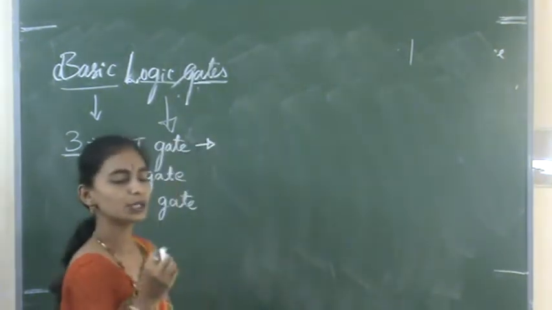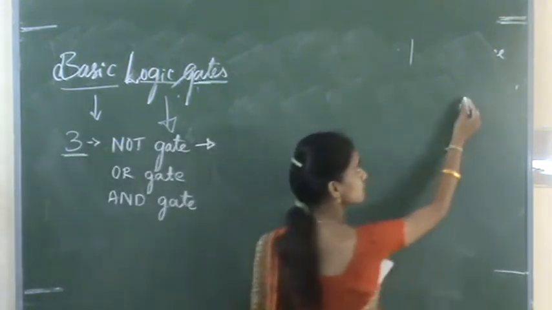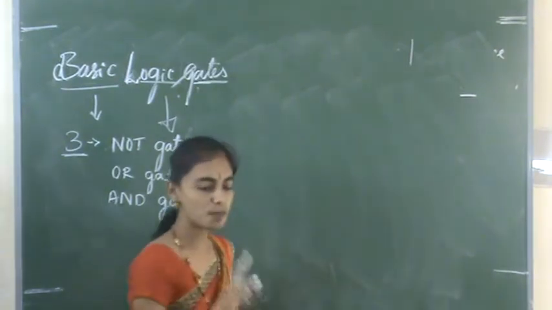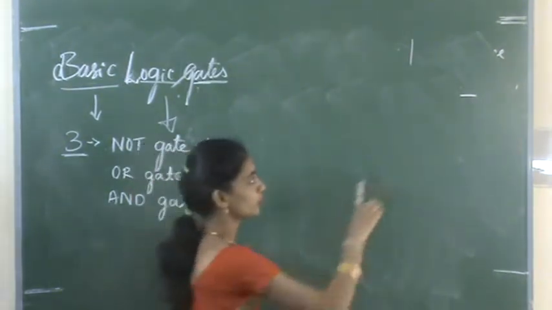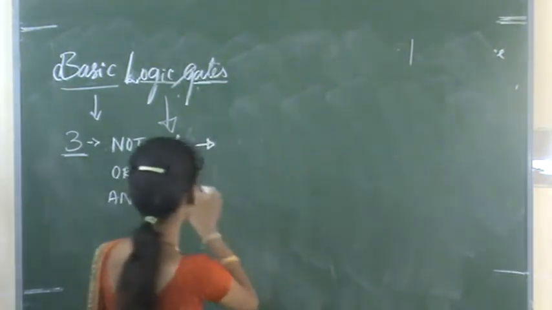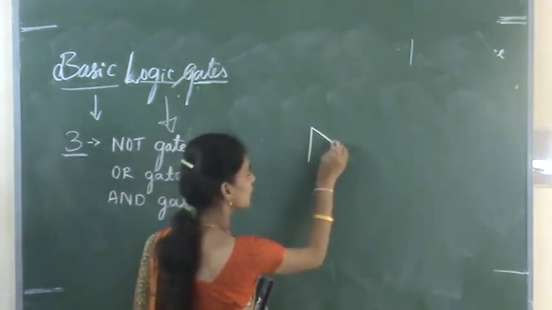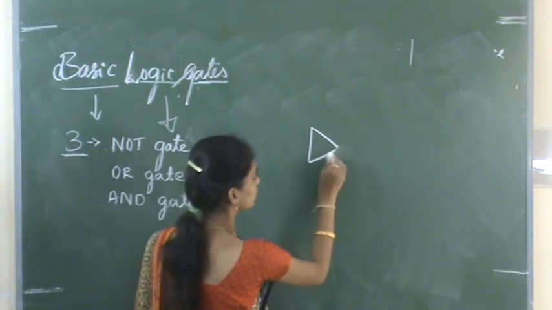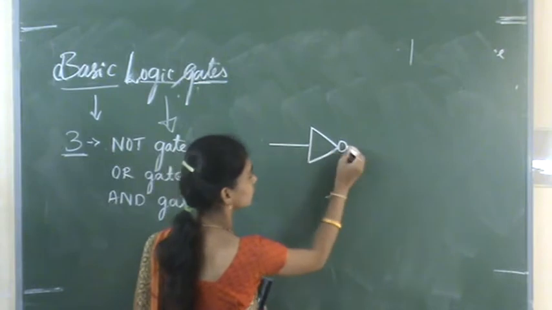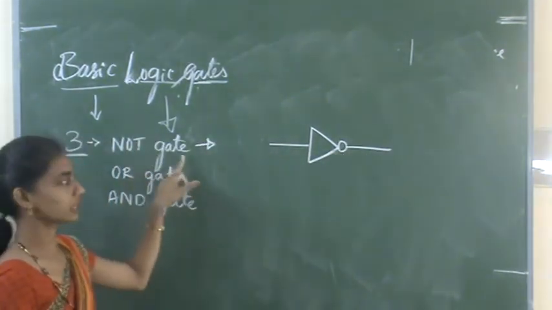The symbol to represent the NOT operator is this bar. Don't confuse the operator with the gate. So this is the operator bar. For the NOT gate, this is the symbol to represent it.